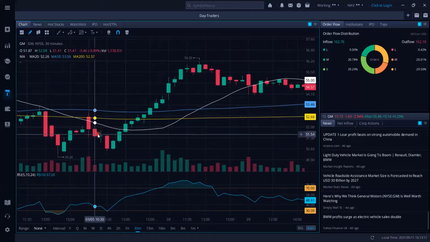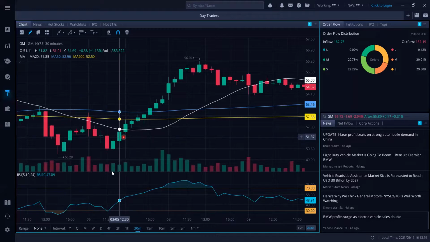So this is using your averages and your RSI. We get a tiny oversold point right here, with a pretty decent sized candle. We can't get in right here because we're testing our luck, so we wait for some confirmation.